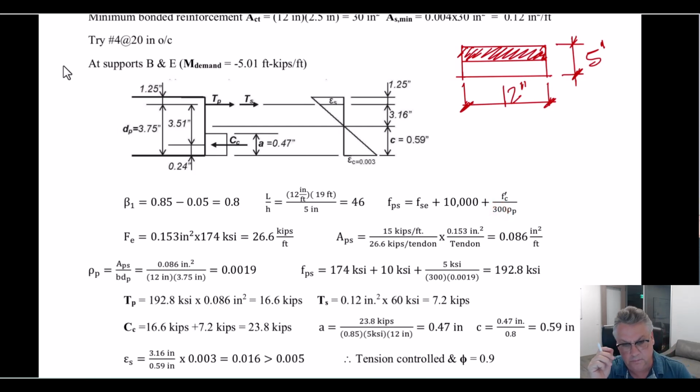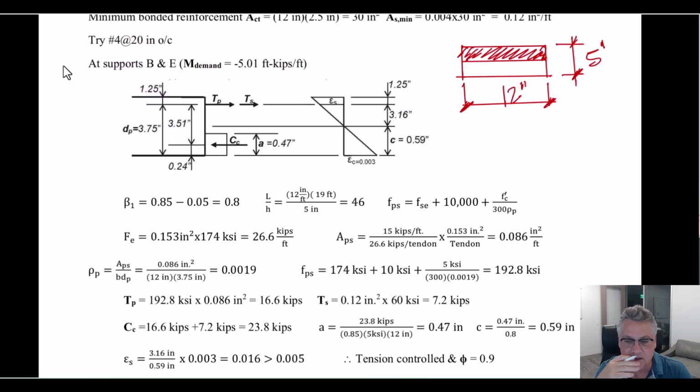for slabs. Now it gets confusing sometimes, even for Cal Poly advanced students. If I give you a span that's short enough, you actually might have a span to depth ratio that's 35 or less. And in that case, this switches to 100. That's one of the very confusing things about the code, and we're trying to actually get that changed.